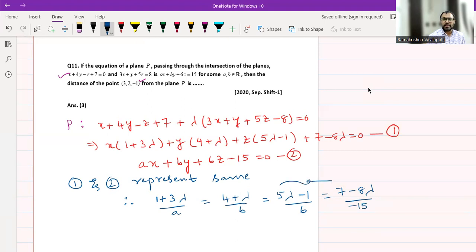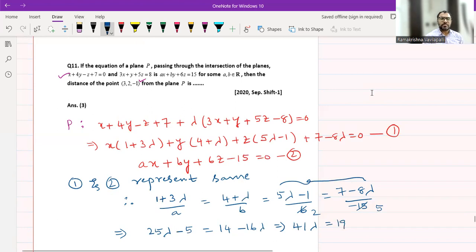Now equating these two, automatically you will get the value of λ. This is 3 twos and 3 fives. So do the cross multiplication: 25λ - 5 = 14 - 16λ.